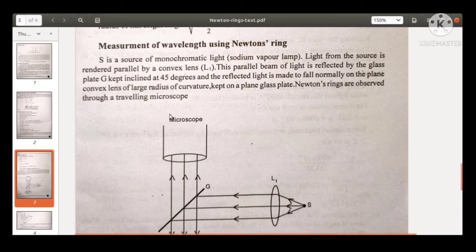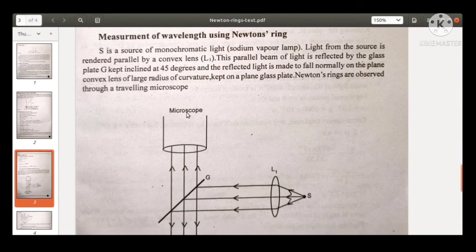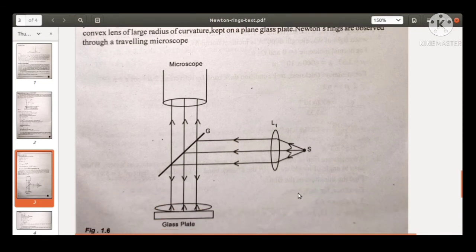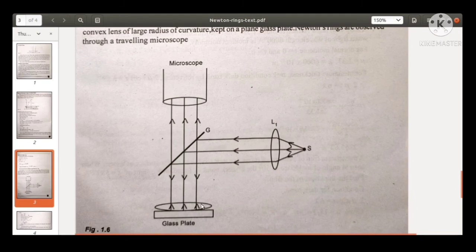For this, you are given a source of light and a Newton's rings apparatus. The Newton's rings apparatus includes a plano-convex lens and a glass plate. The source of light is allowed to fall normally on this arrangement, that is, the plano-convex lens placed on the glass plate.